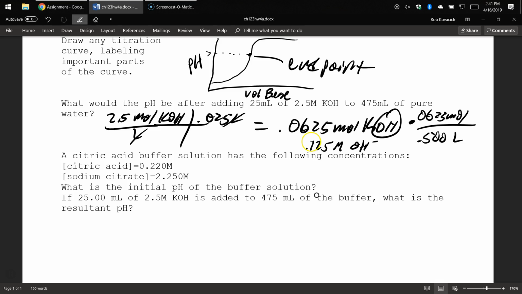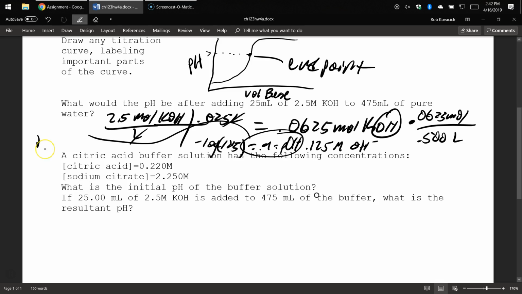So if I take the negative log of that, negative log of the answer, close parentheses, equals, I get 0.9, but that's my pOH. So then if that's my pOH, then my pH is going to be what? 13.1. Okay, yeah, super basic.